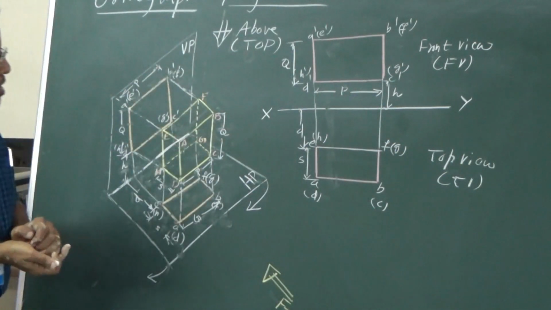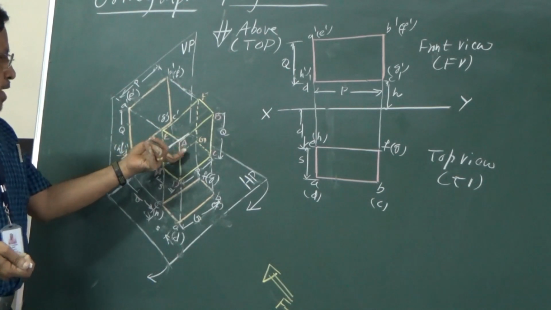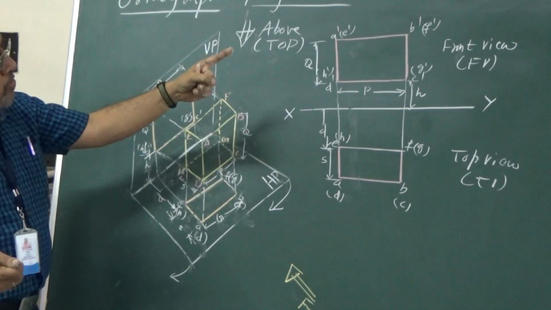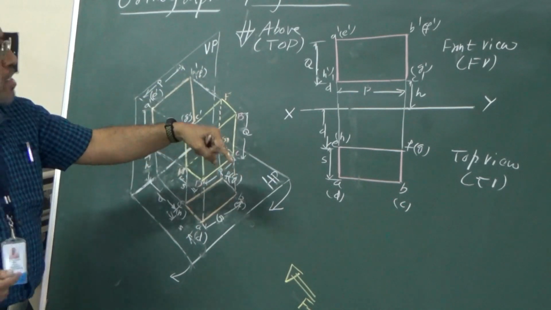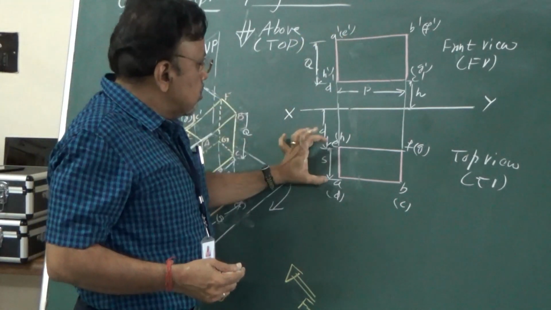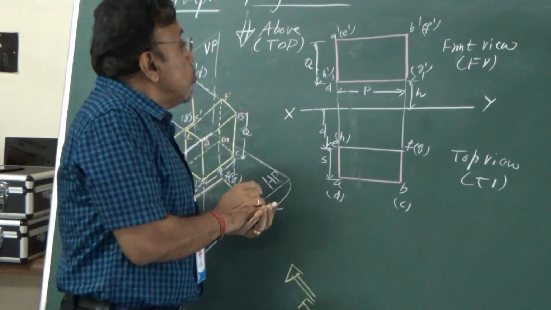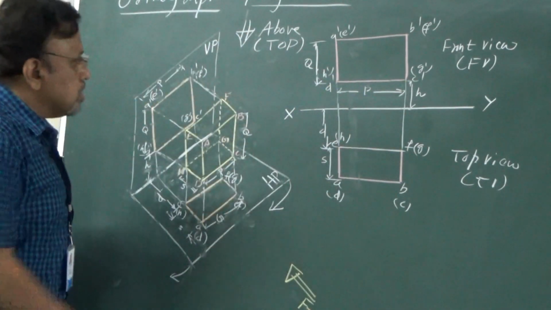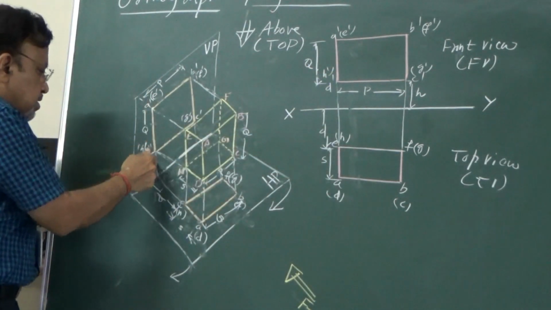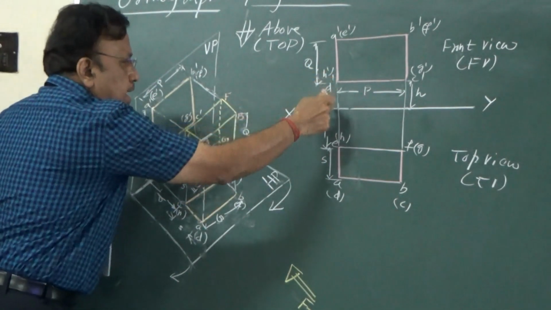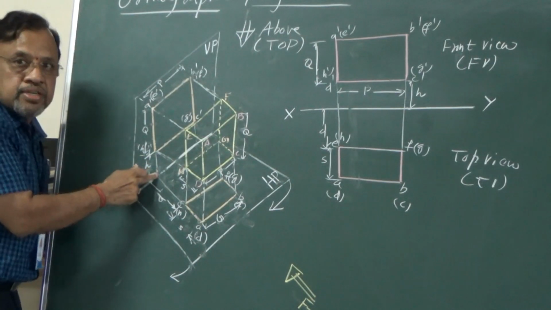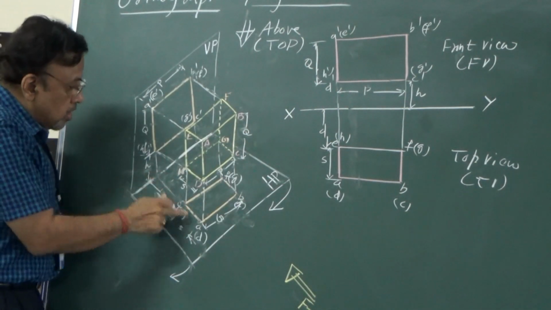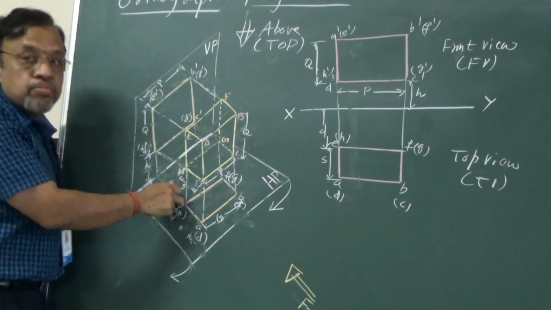Now as you can see, finally this three-dimensional figure has been shown in unison with the front view and top view, such that this is my front view, this is my top view. Now you need to tell me what these lines are. These lines correspond: this line corresponds to this line, and this line to this line. They are projectors.